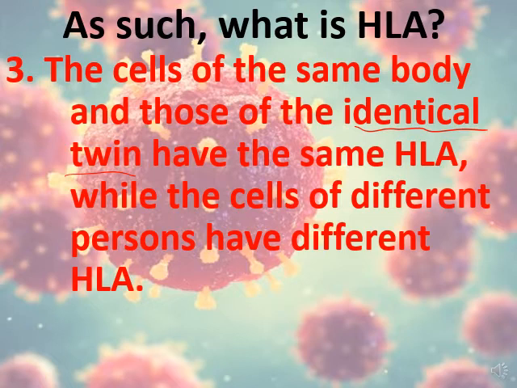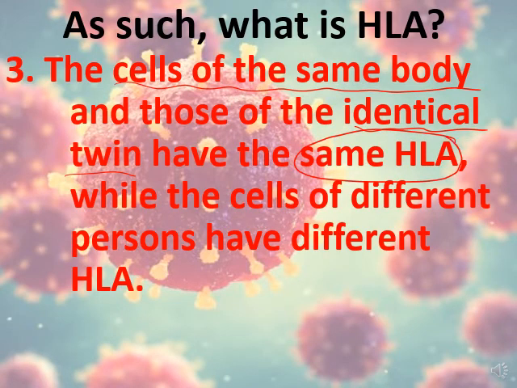So they are the cells of the same body, and they have the same HLA. Also, identical twins, who look like each other, have the same HLA, while the cells of different persons, for example Hassan and Ali, don't belong to each other. They are, for example, friends only in the class, so they have different HLA.